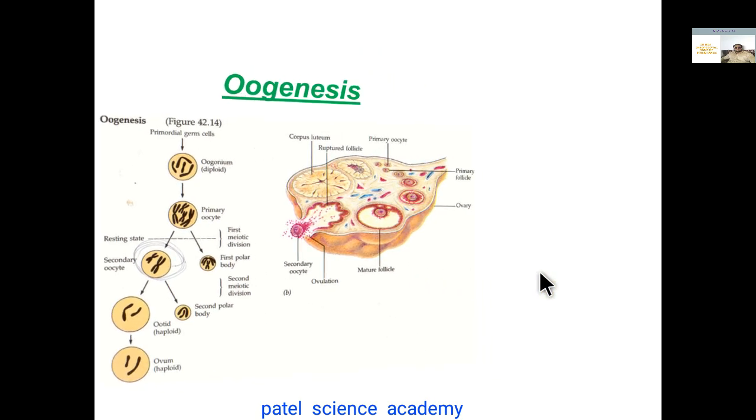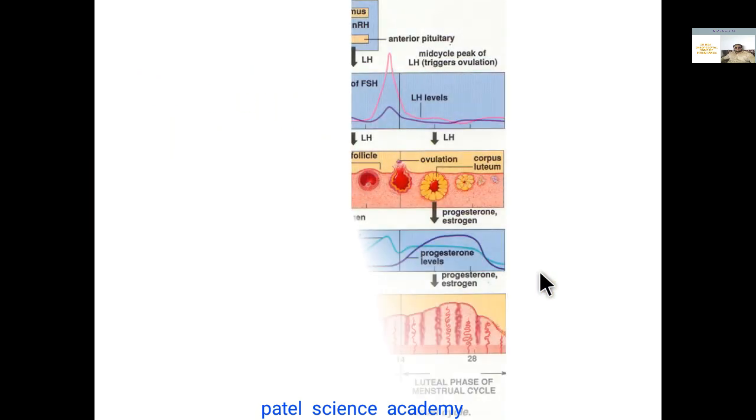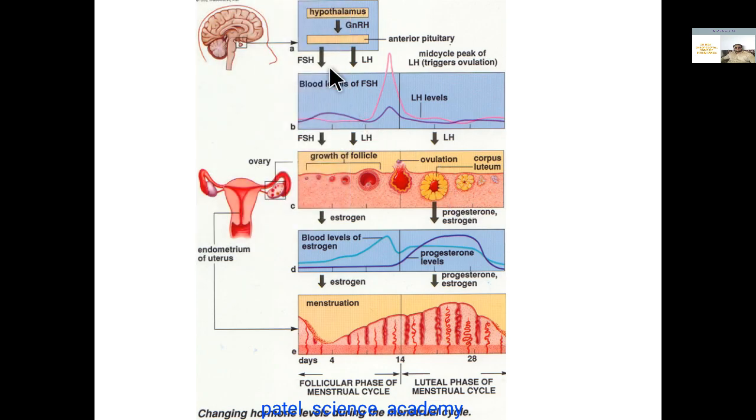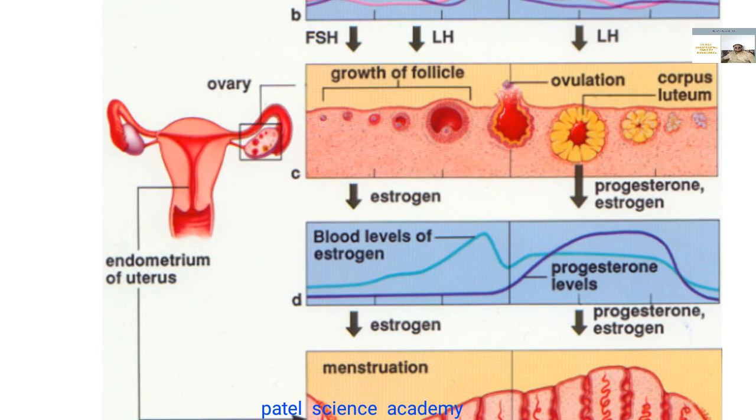Dear students, in the next slides you will see the changes in this structure. This is the female reproductive system, and as you know there are two ovaries, and these are the different changes in the ovaries and endometrium of the uterus.